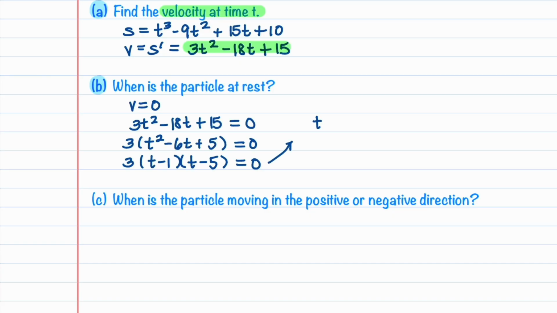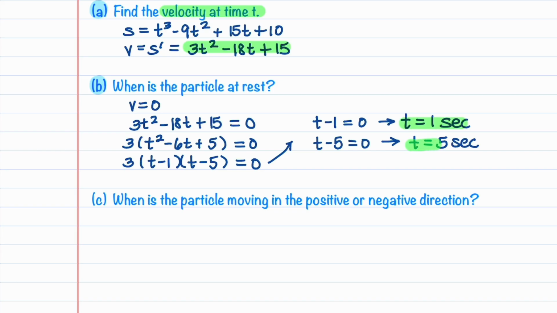This means we're going to set t - 1 equal to 0, and we get t equals 1 second. And then we set t - 5 equal to 0, and we get t equals 5 seconds. So our particle is at rest at 1 second and at 5 seconds.